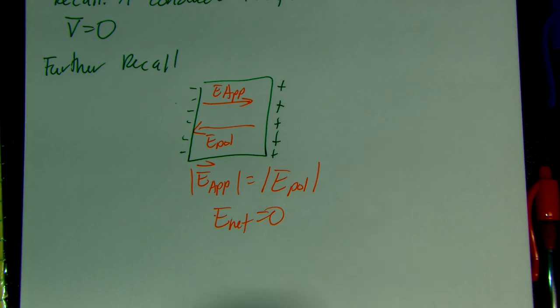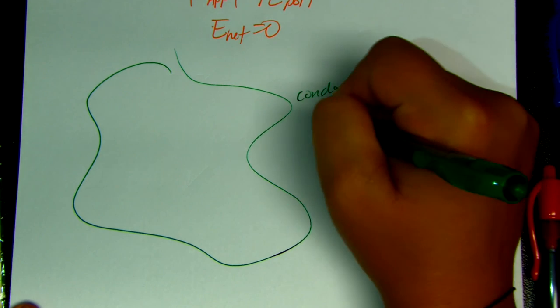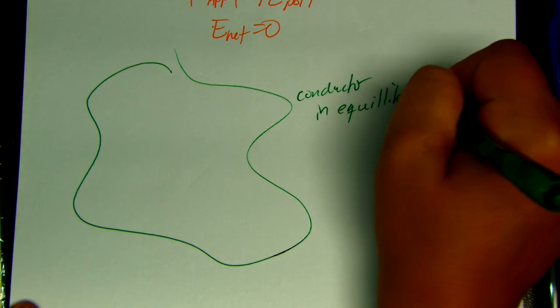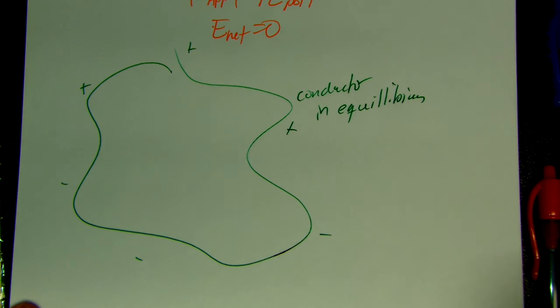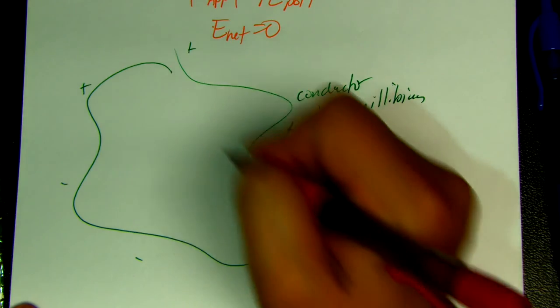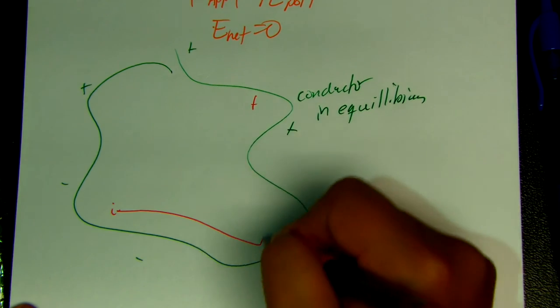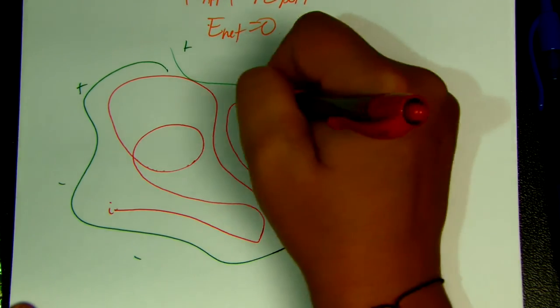Okay, so given that, if we had a conductor in equilibrium, with charges distributed accordingly, now if we were to go from some initial place to some final place, it would not matter what path we took.